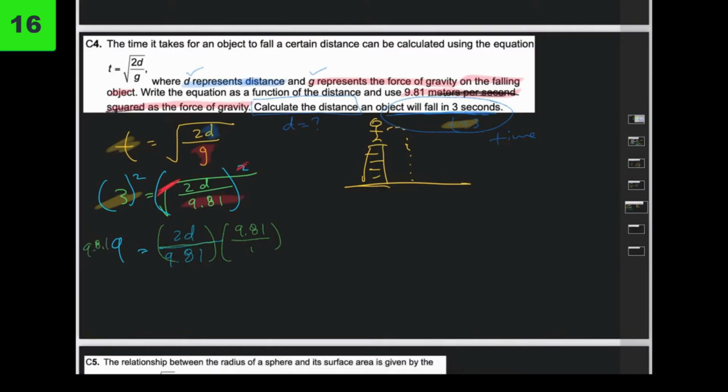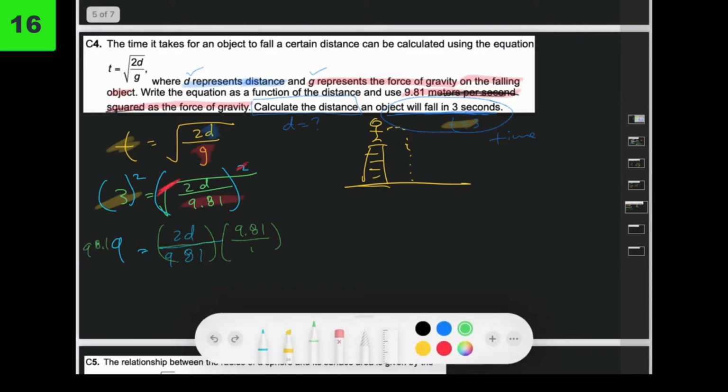Okay, these are going away, and you're going to be left with 2d times 9. 9.81 times 9 gives me 88.29. Okay?